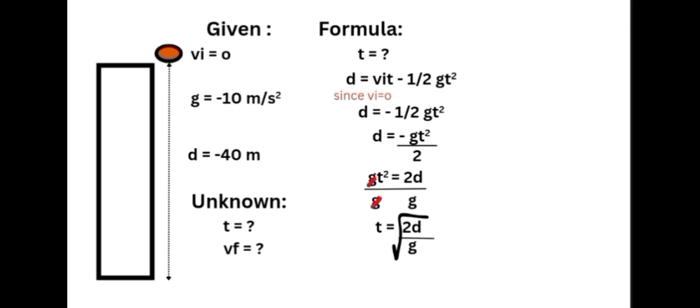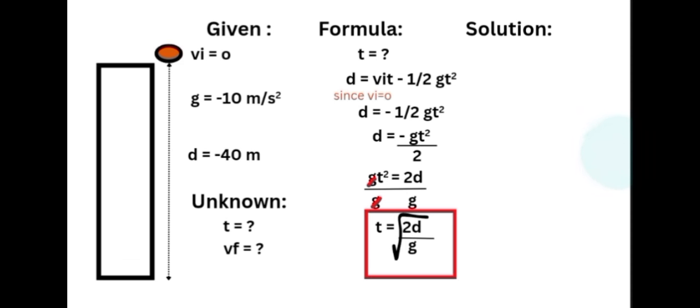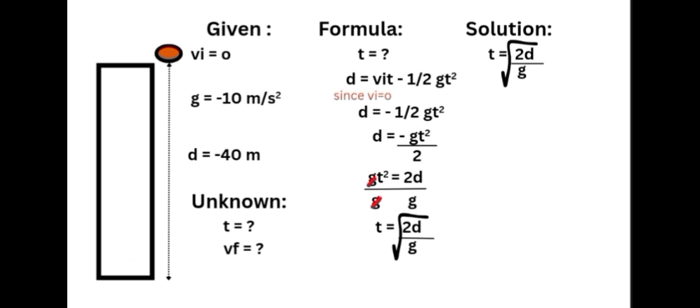Next, after the formula, is to prepare for the solution. Using this formula, we can now substitute the given variables with actual numbers. From the formula t equals square root of 2d over g, that means t equals square root of 2 times negative 40 over negative 10.